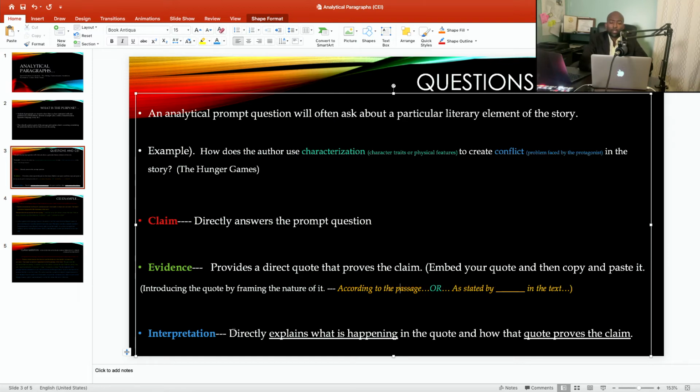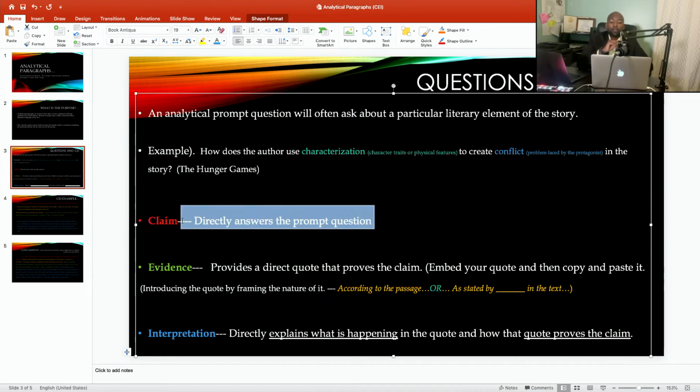So the interpretation takes a sentence or a couple sentences to interpret what was happening in that part of the story. So it zeroes in on that part of the story and explains what was going on. Okay, what was happening. Then, in the second part of the interpretation, you also want to explain how what's happening in that quote proves what you're saying in the claim.